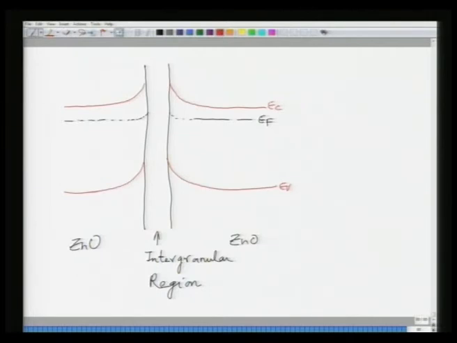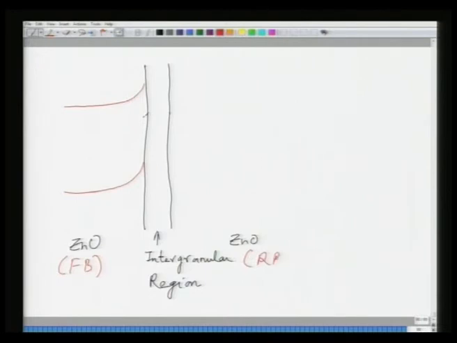for instance, you can assume a situation in which the grain on the left side is forward biased. So, let us say this is your forward biased grain, this is your reverse biased grain. Now, forward biasing and reverse biasing you must know from the fundamentals of the p-n junction.